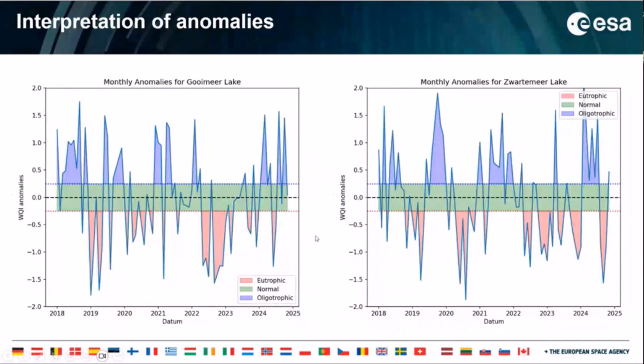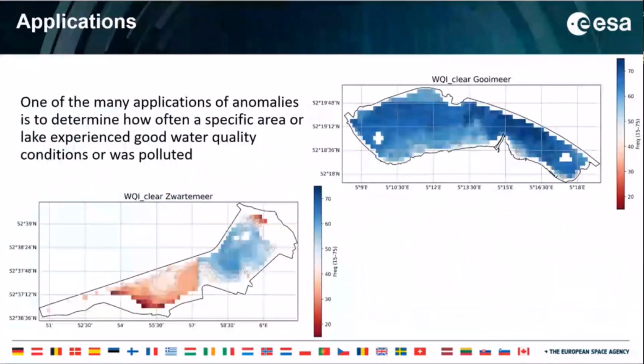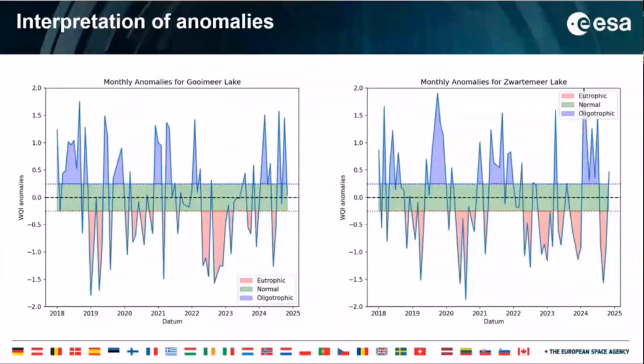And you could see immediately, for instance, if I look at the first lake on the left-hand side, that I have here from 2022 to almost 2024, before 23, a big event where I have eutrophic conditions.